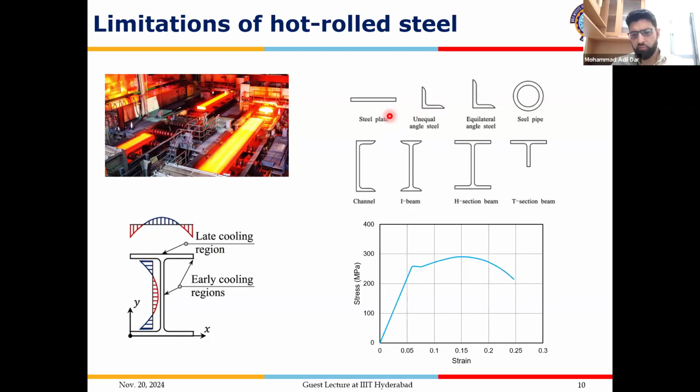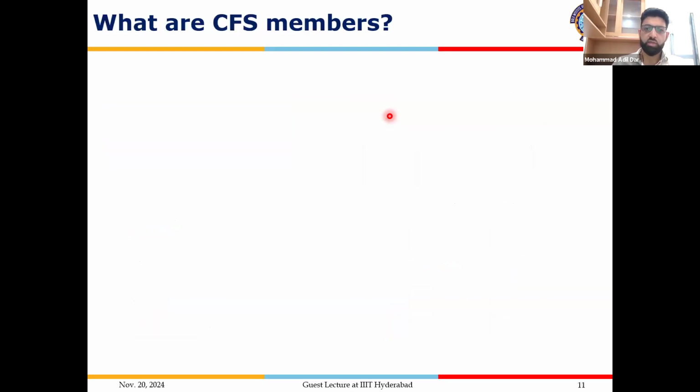Next, different defects, there are inconsistencies in the material characteristics. So you will get some variation in the stress strain plots in hot rolled steel, and again this falls under the limitations.